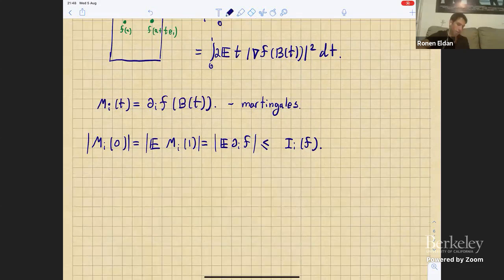On the other hand, maybe let me write it like this. The square of m_i of 0 is at most the square of the ith influence of f.